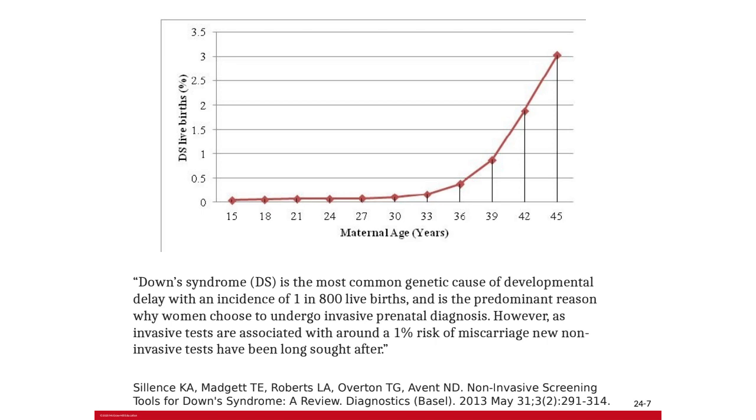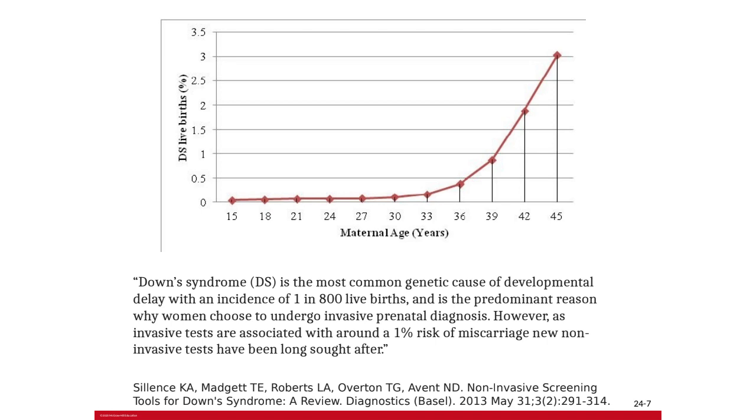I have the source down at the bottom there. However, as invasive tests are associated with around a 1% risk of miscarriage, new non-invasive tests have long been sought after. So the point of this paper that I'm referencing here is that they're looking to try and find less invasive methods of testing for Down syndrome.